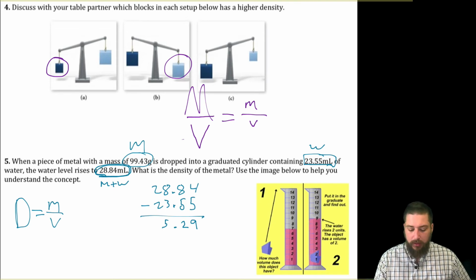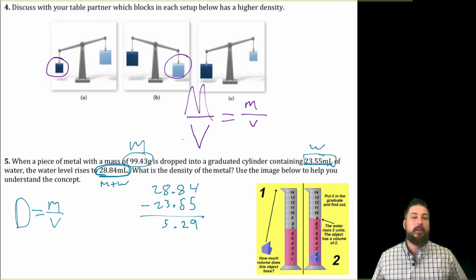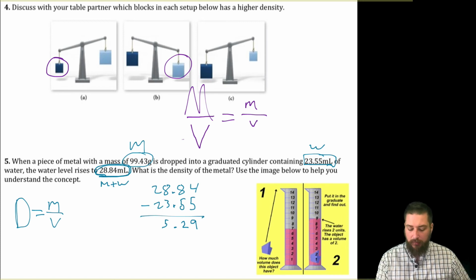Now, when subtracting and when adding, we need to always consider significant figures. The rule for this is not the number of significant figures will tell you how many significant figures you end with. What I mean by that is this first number has 4 sig figs, this second one has 4.